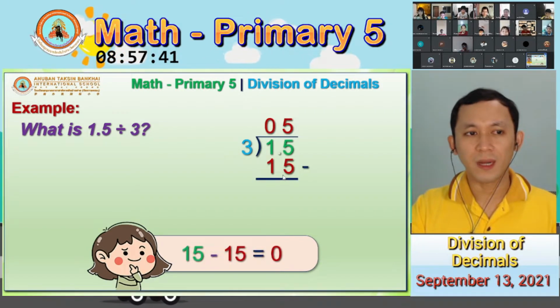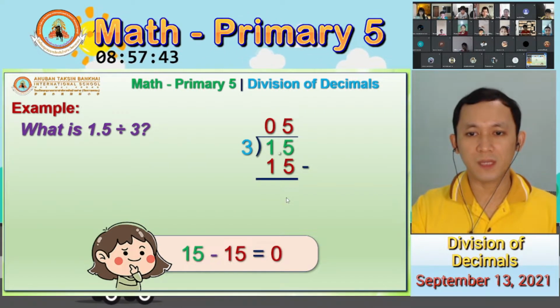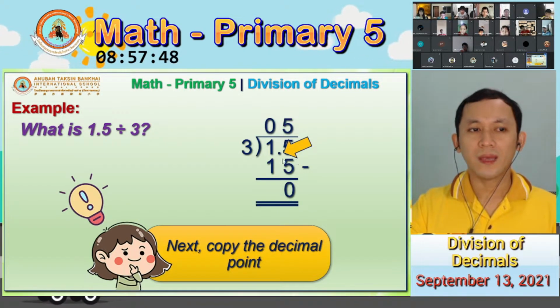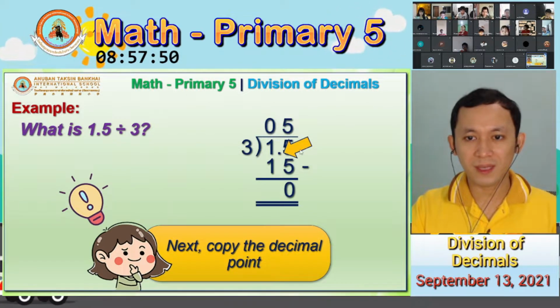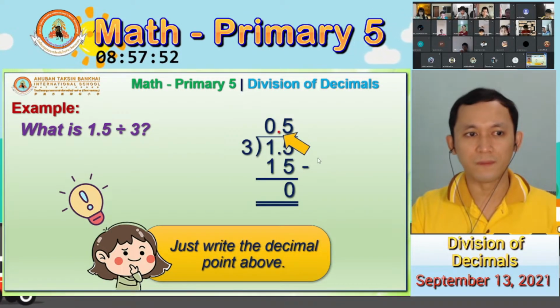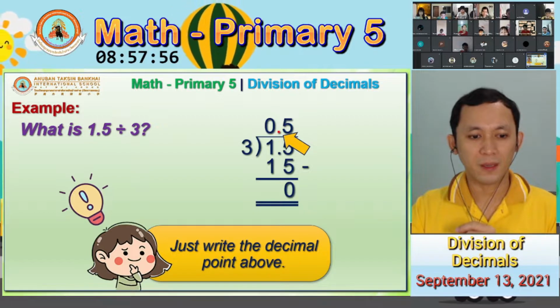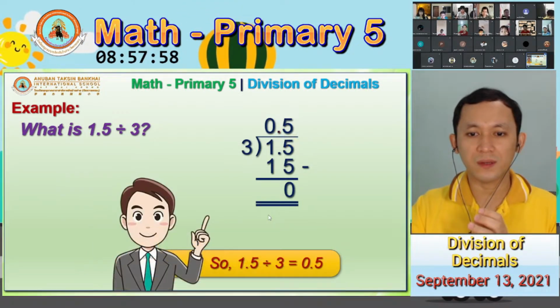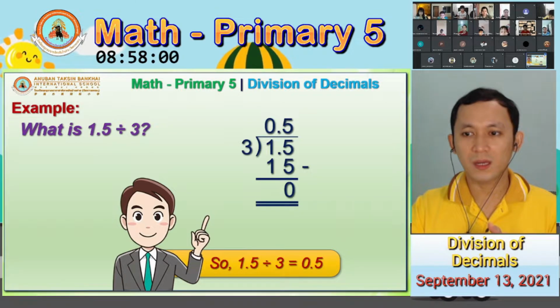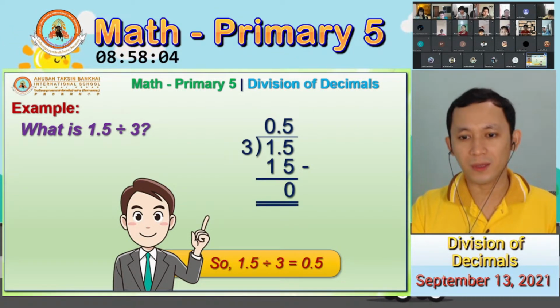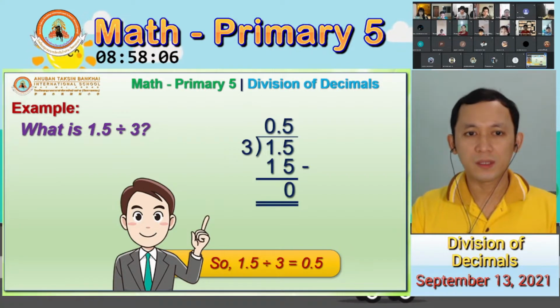And we minus it. 15 minus 15, we have 0. So next, we are going to copy our decimal point just above the original decimal point. So our answer is then 0.5. So 1.5 divided by 3 is equal to 0.5.